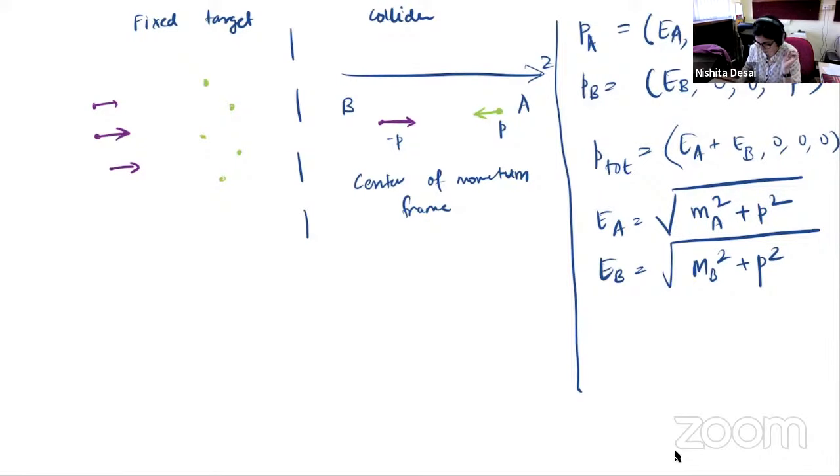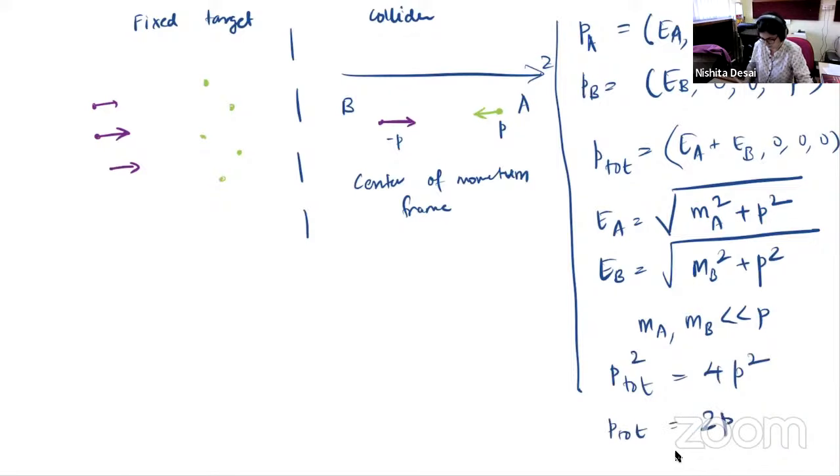So you can ignore m_A and m_B with respect to p; m_A and m_B are much smaller than p. In that case, E_total squared is simply 4p squared, or E_total is equal to 2p.